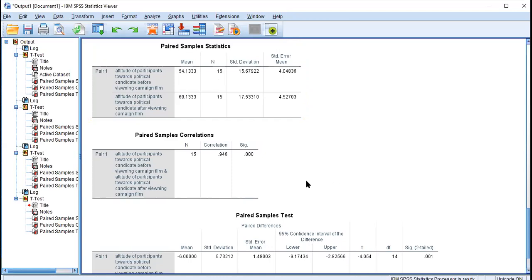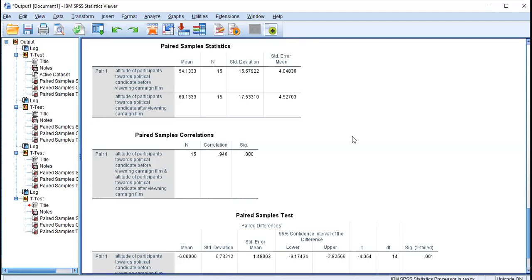As far as the correlation is concerned, look at the correlation. Correlation suggests that there's a significant relationship. It's a very positive relationship. This means that people who had a high attitude still have a higher attitude, and the progression moves in the same way.